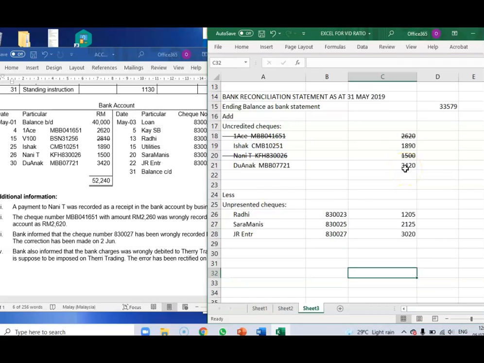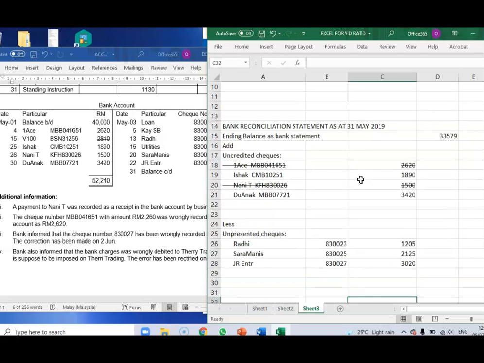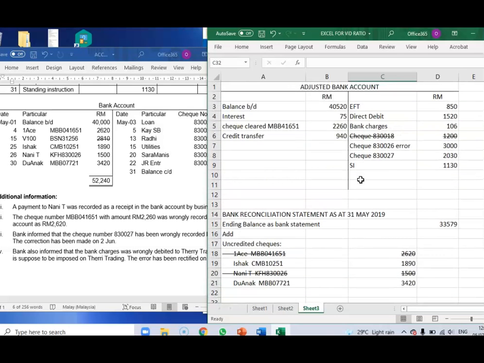You can delete the data, it's okay, but I would like to slash them out for my reference later. So the MBB 041651 is actually a mistake made in the bank account. So find out where the data is here. So I found this one, MBB 41651.